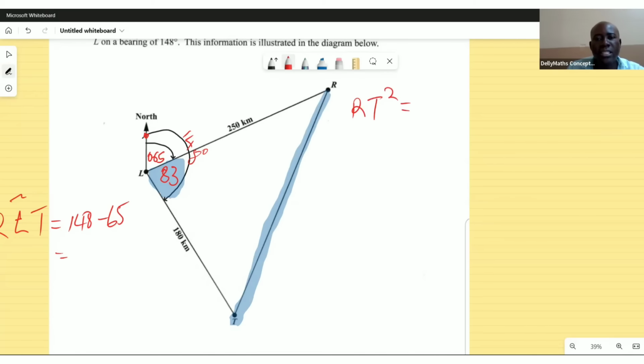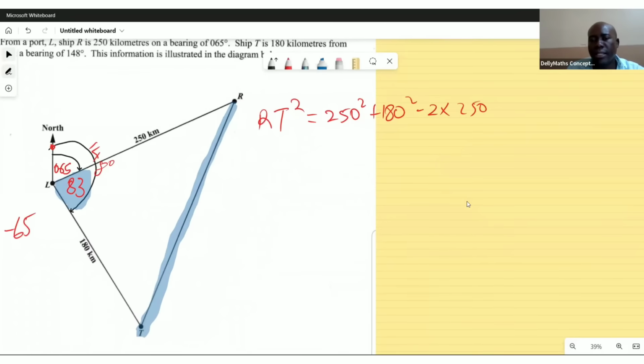Cosine rule says RT squared is equal to 250 squared plus 180 squared minus 2 times 250 times 180 times the cosine of 83. Why am I using this? It's because I know everything in that corner. I know the 250, I know the 180, and I know the 83. So when you know everything in that corner and you're finding the side opposite to that corner, then we employ the cosine rule.